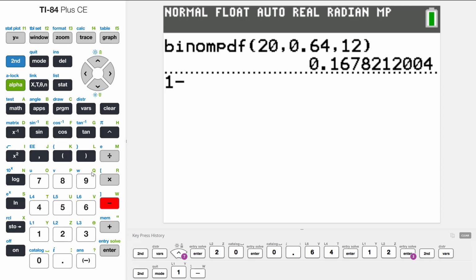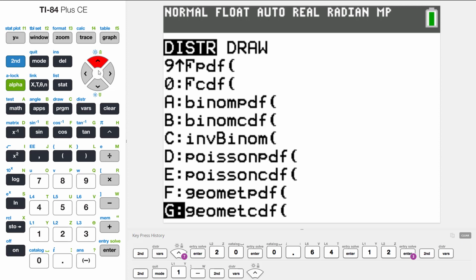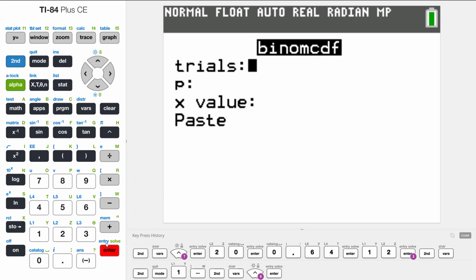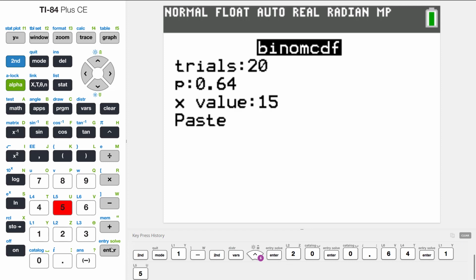So it's going to be 1 minus the binomial CDF, and so now I'll put in that CDF. So it's letter B, and the inputs would be as follows. We're looking for 20 trials. Probability of success is 0.64, and we're looking for 15 or fewer successes.